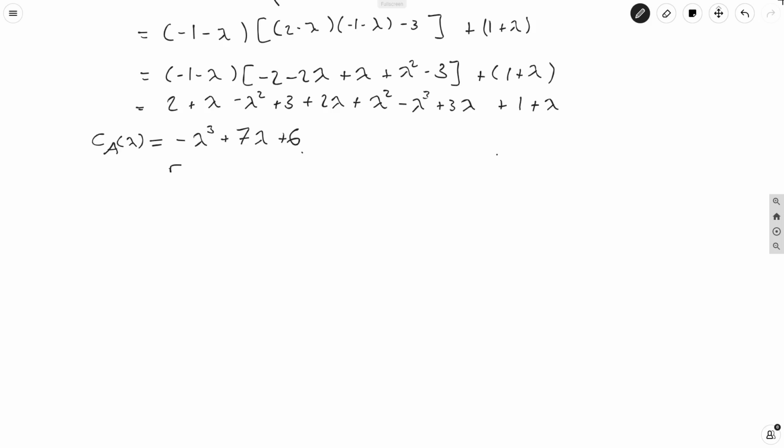Because roots being integers implies that roots are factors of the constant term.